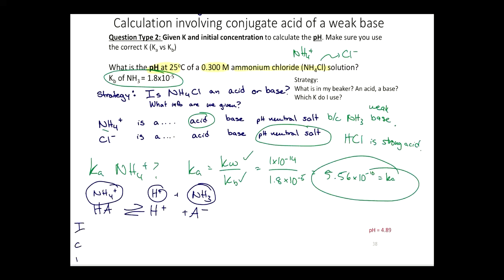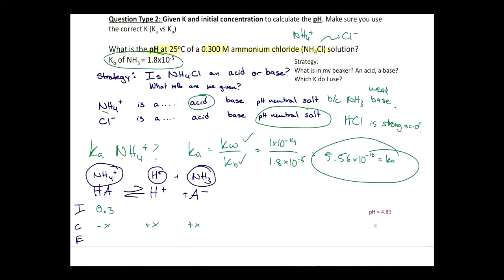We write out our ice table, just like always. Initially, we have 0.3 of ammonium, minus X, plus X, plus X, right? And so then at equilibrium, it's 0.3 minus X, X, X.